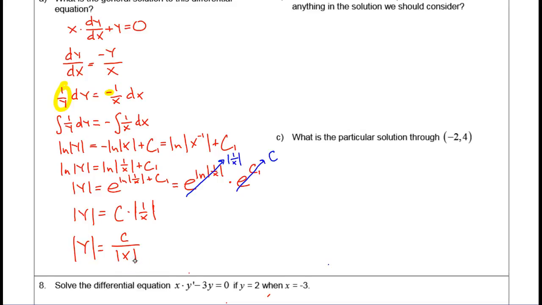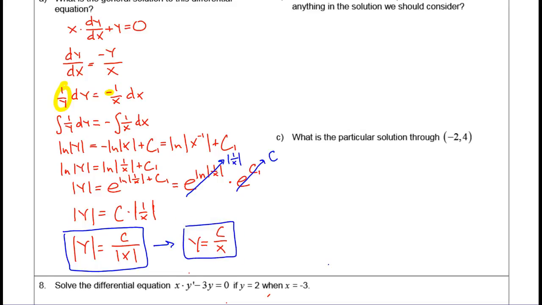And that is our general solution to this differential equation. Before I go on to part B of this problem, I'd like to make a bold statement. I would like to say that we can actually rewrite this as y equals c over x.